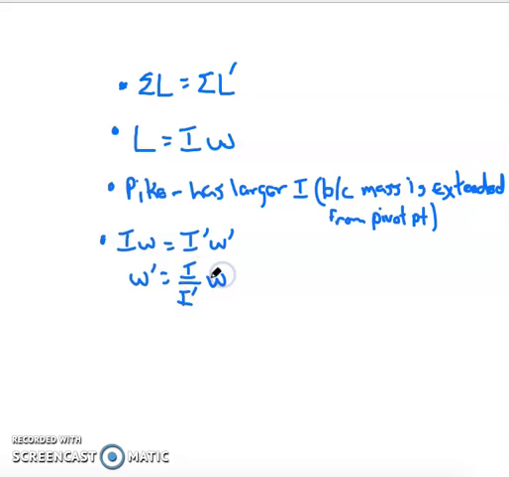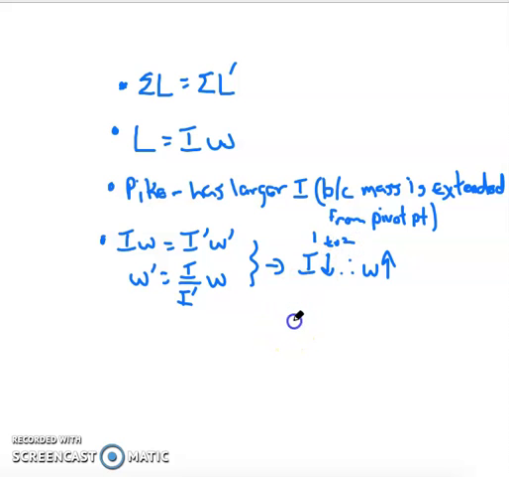A bigger moment is a smaller angular speed, and vice versa. Then lead that towards going from 1 to 2: essentially I goes down, therefore omega goes up. That's from 1 to 2.